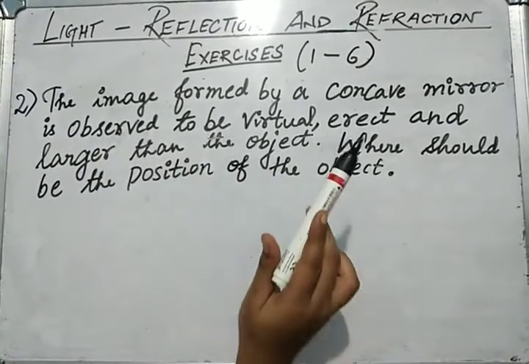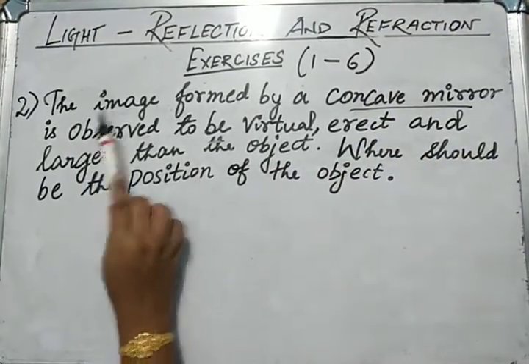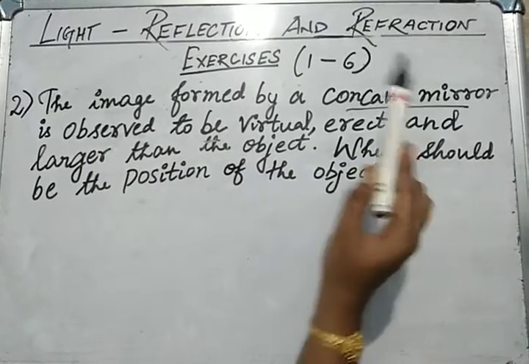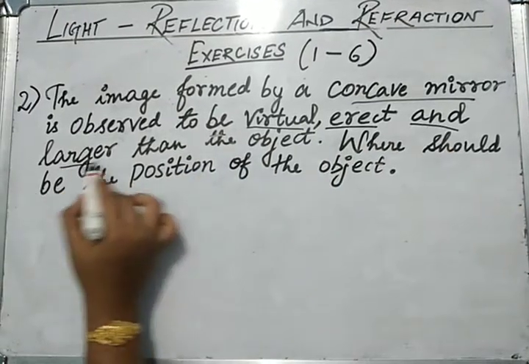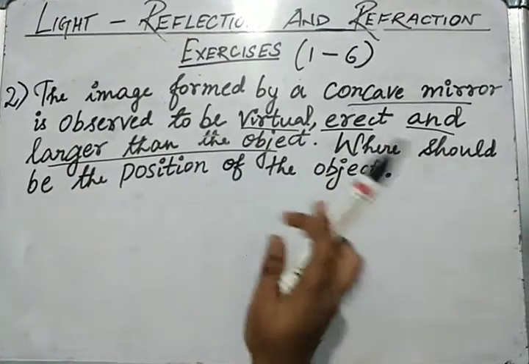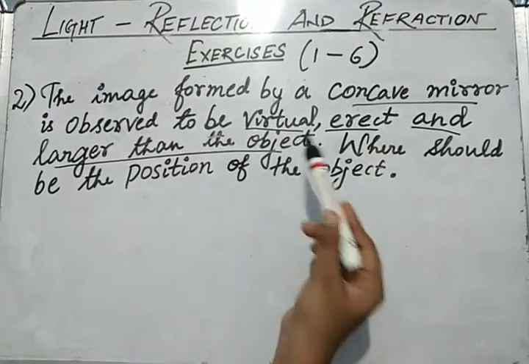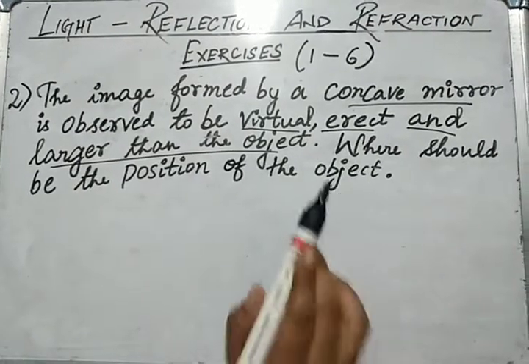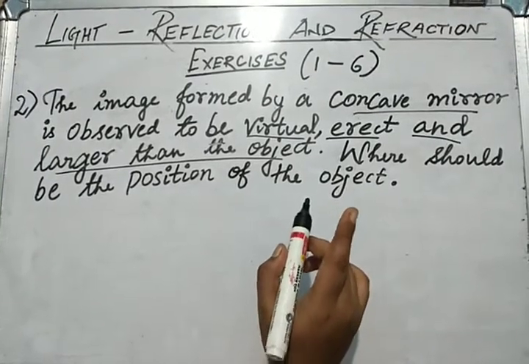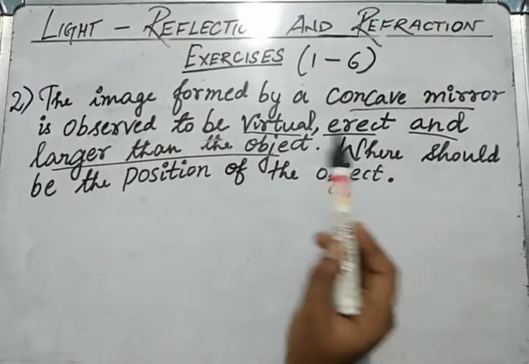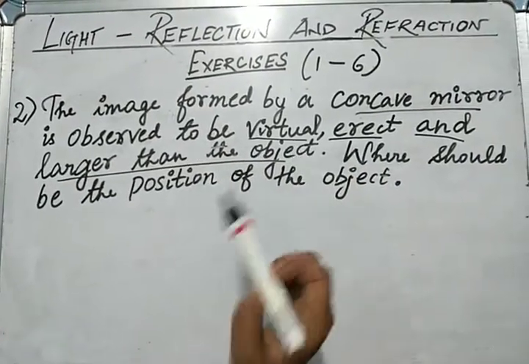Here you should be recalling the image formation by concave mirrors. The image formed by a concave mirror is observed to be virtual, erect and larger than the object. Now recall all the ray diagrams in the image formation by a concave mirror, then you will remember that in one of the diagrams we saw that a concave mirror forms a virtual and erect image which is larger than the object.